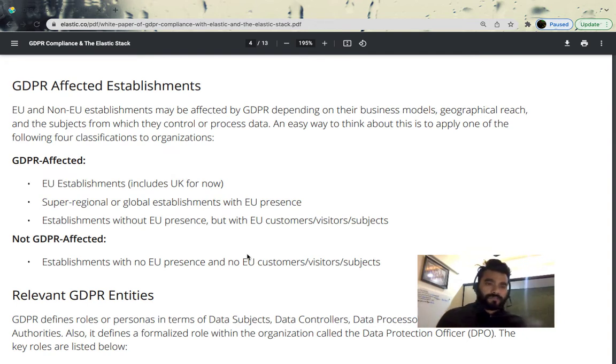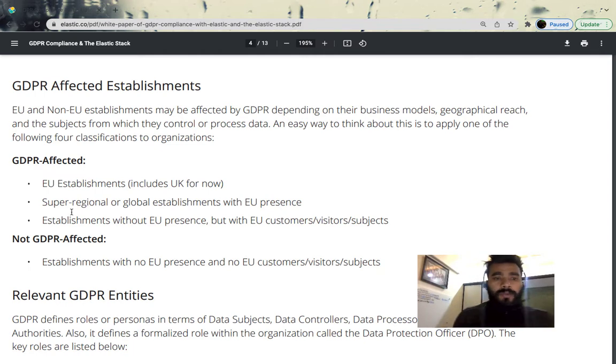So how does that affect people, or customers? If you have customers or clients, or you are an employee working in any EU establishment, which now includes the UK, you are directly or indirectly affected by whatever comes under GDPR.